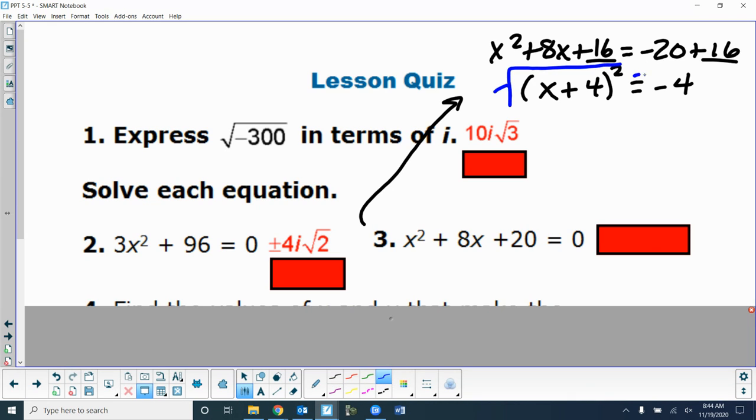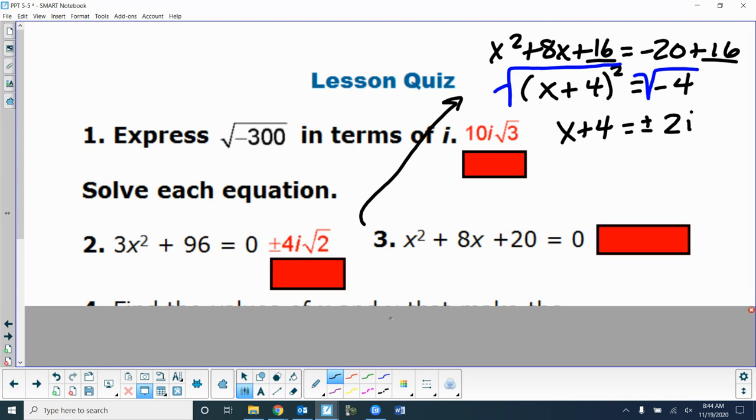X plus 4. Good. And what's the square root of negative 4? The 2i, yeah. You know the square root of 4 is 2, right? But since it's negative, we have to pull that imaginary unit out, that i.